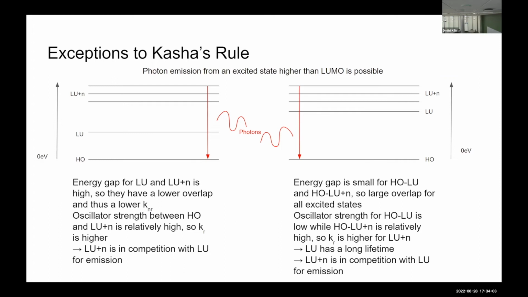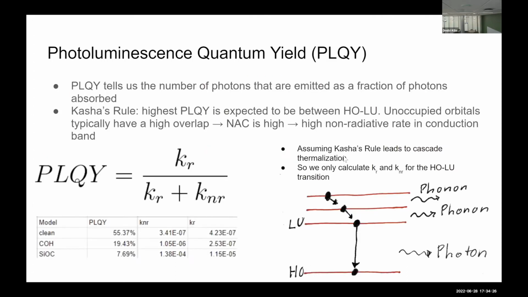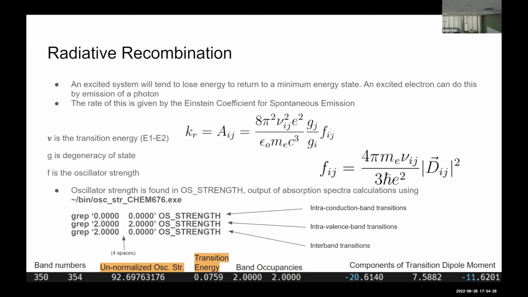So I guess a better example is this one off to the right, where the LUMO is very close in energy to all of these higher excited states. So if you put a photon up to this higher excited state, and LUMO is going to have a relatively low oscillator strength connection to HOMO, the KR is going to be low because its oscillator strength will be low.